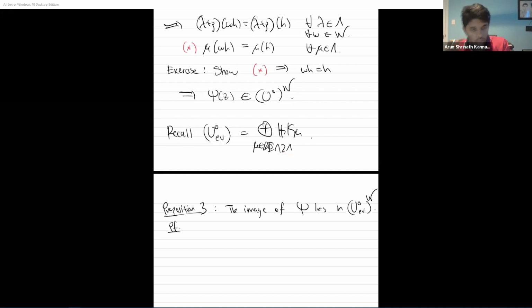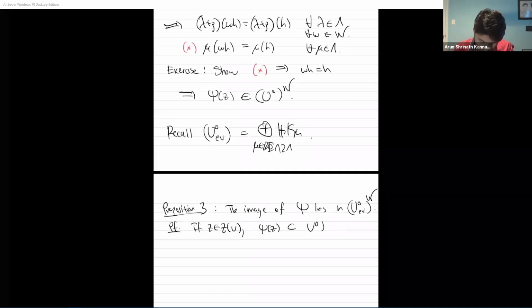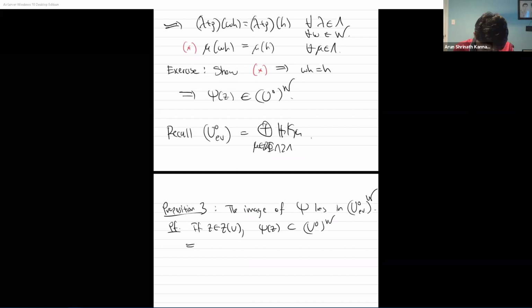So we already know from lemma 2 here that if Z is in the center, then psi of Z is in U naught. So what we can write is psi of Z is of the form the sum of A mu K mu, mu element of C phi, where A mu is equal to A of W mu for all W in the Weyl group.